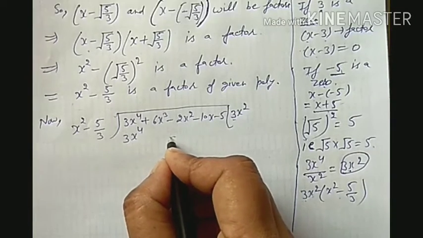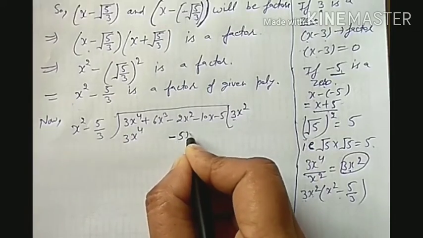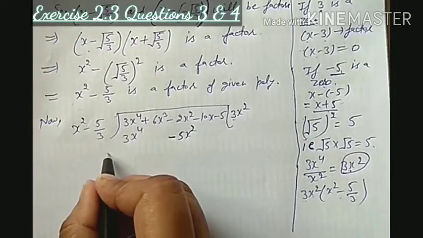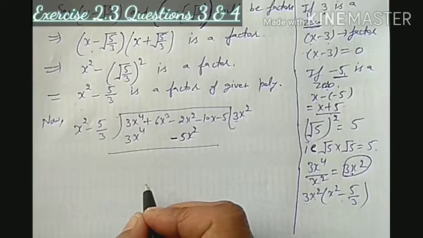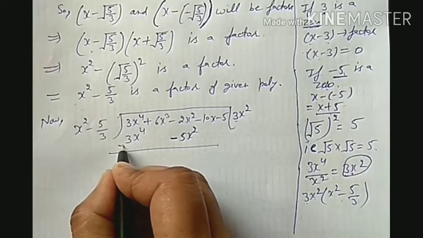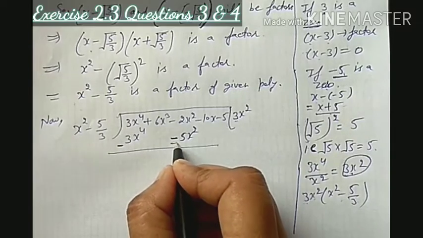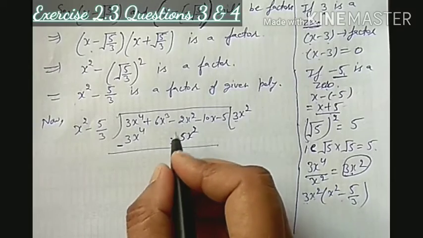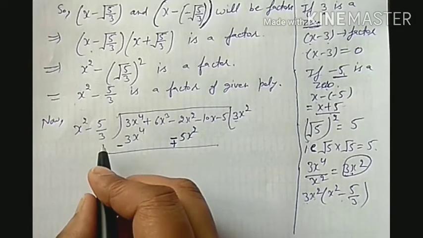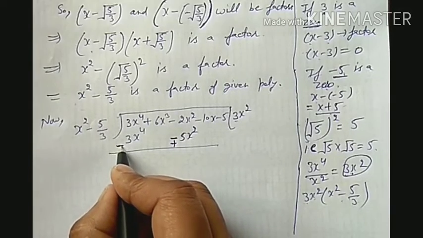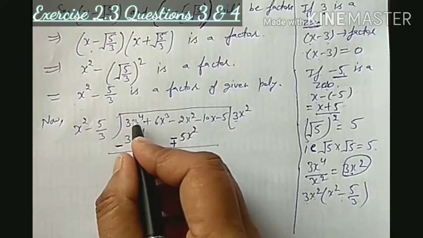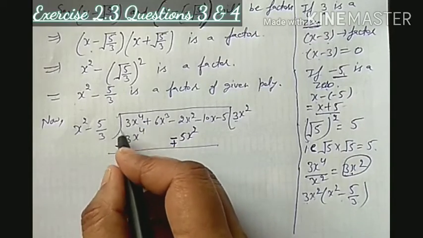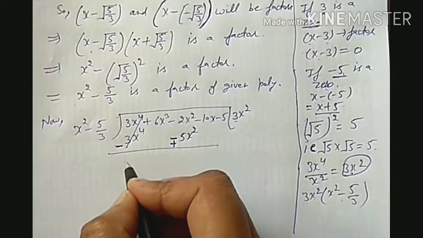So minus 5x square below the like term, under the like term, minus, and it will become plus, because in subtraction we change the sign of down terms. Same algebraic terms, opposite sign, so these will cancel out.